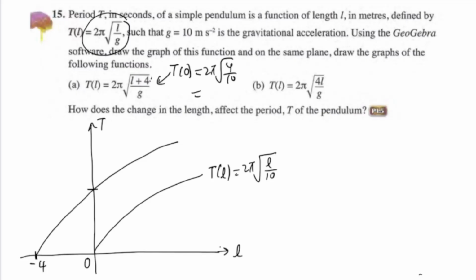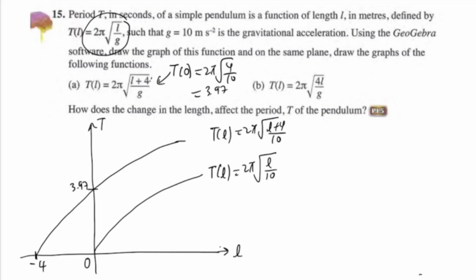If you use your calculator, you should get about 3.97, so approximately 4, 3.97, up to you. Maybe I just use 3.97. Now you don't really have to plot this, you can use GeoGebra software. This is T of L equals 2 pi square root of (L plus 4) over 10.